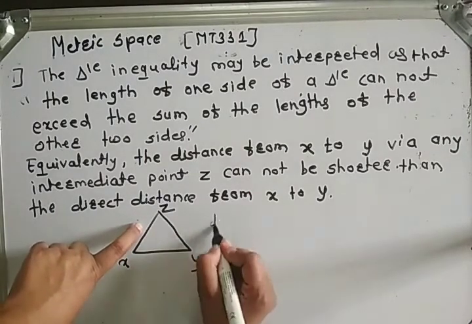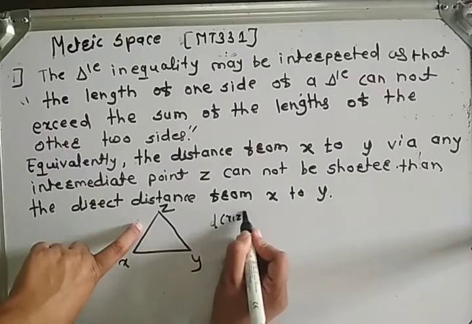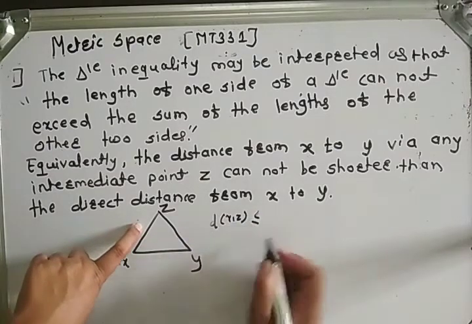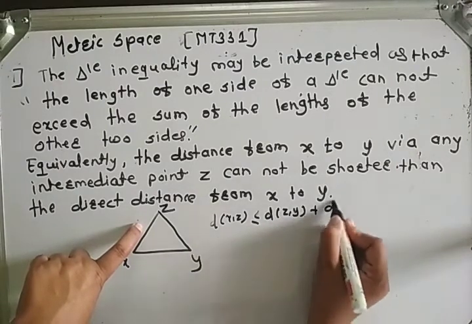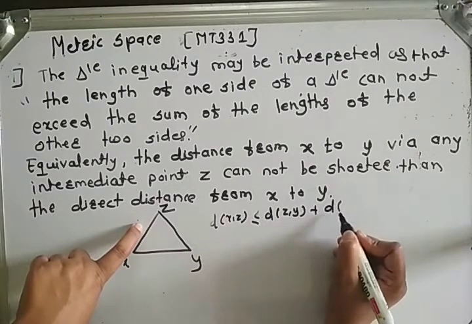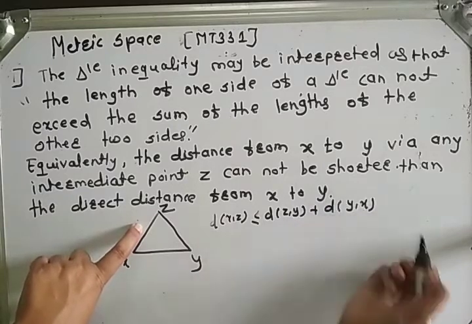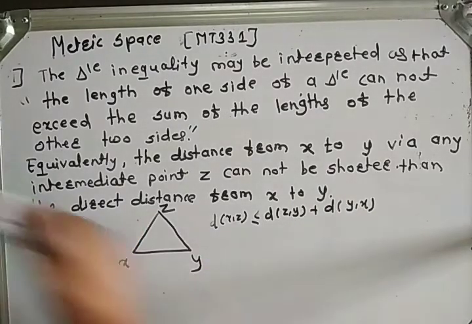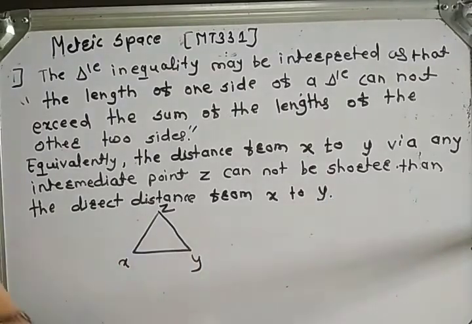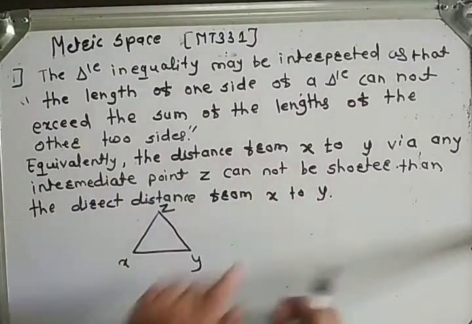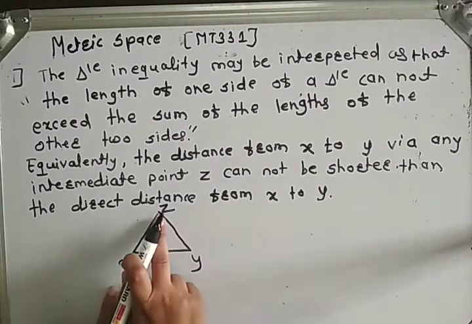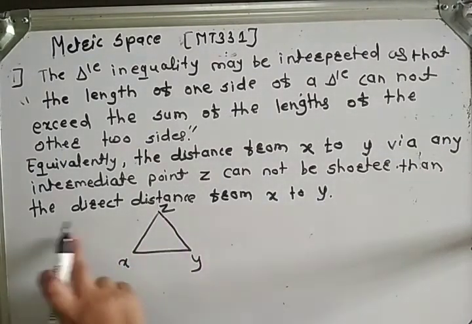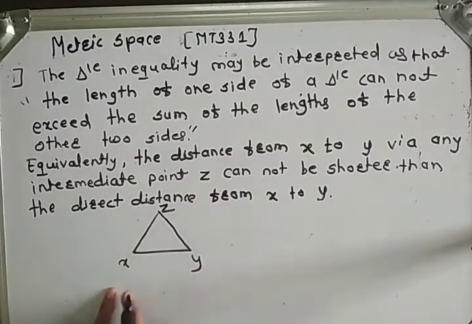Means the length of XZ, the distance between X and Z, is always less than or equal to d of Z, Y plus d of Y, X. Or we can say that the distance from X to Y via any intermediate point Z cannot be shorter than the direct distance from X to Y.